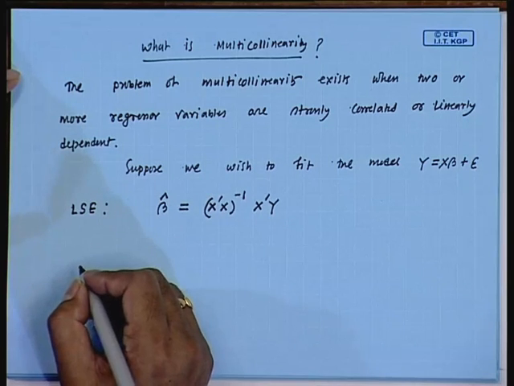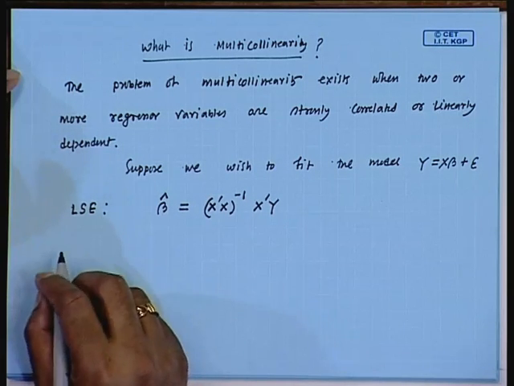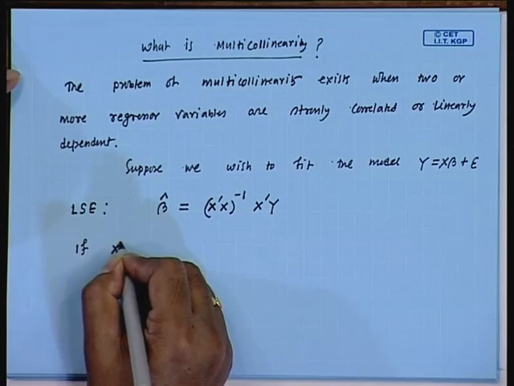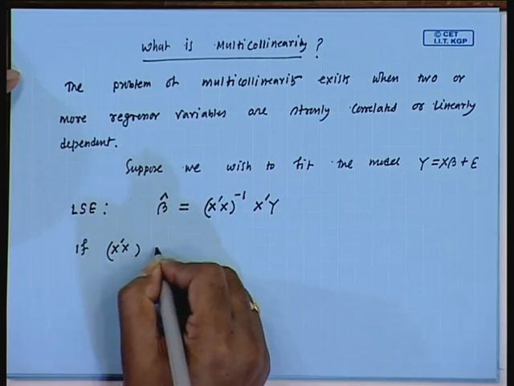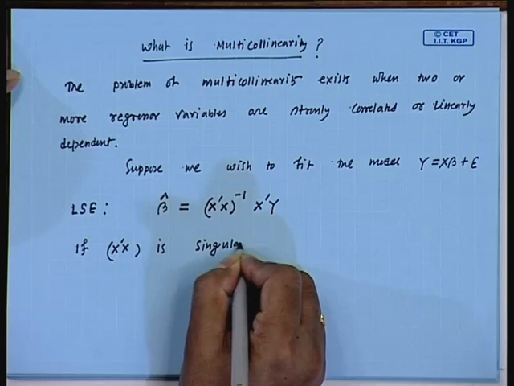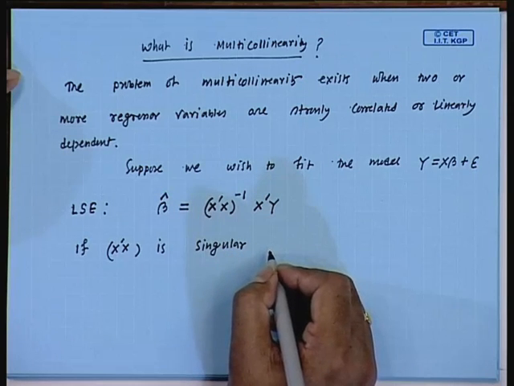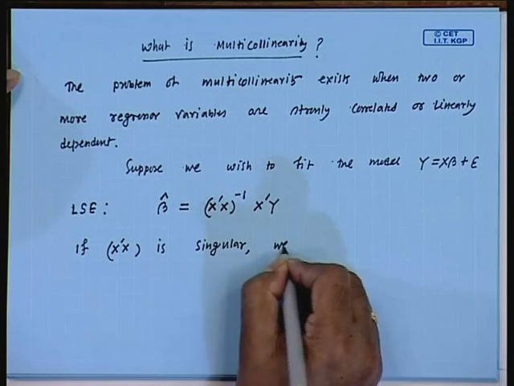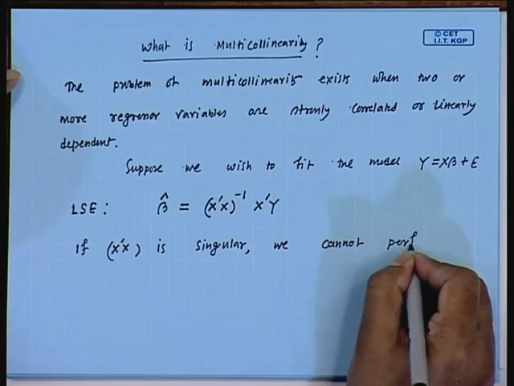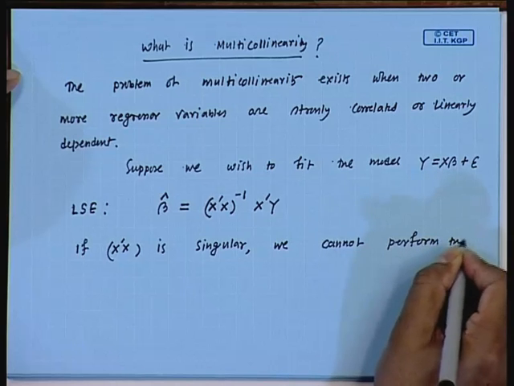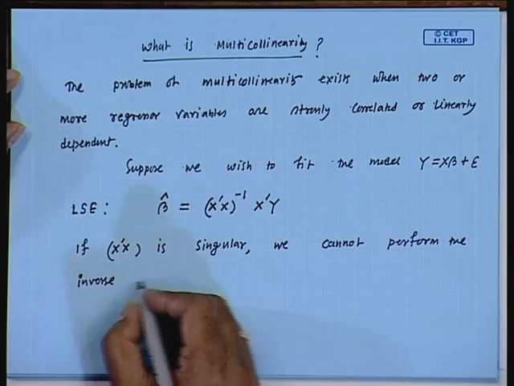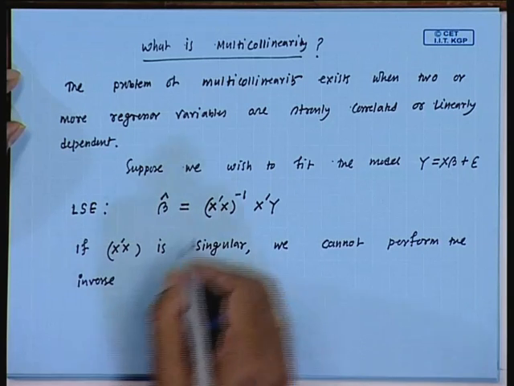Okay. So, now if X prime X is singular, then we can't perform the inverse, X prime X inverse.